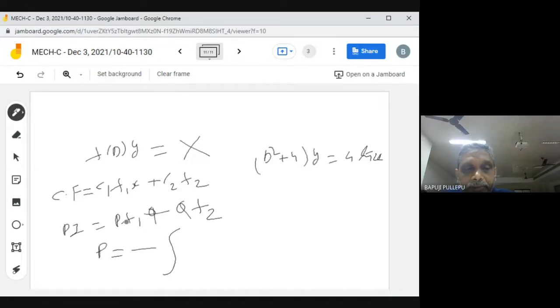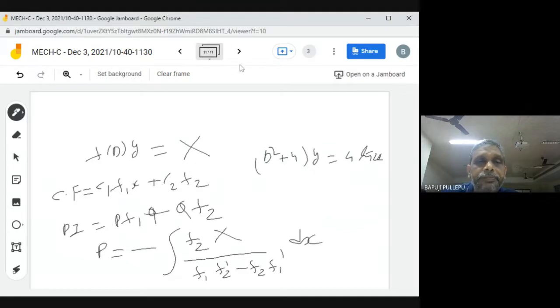Here f1 is not used, so write f2 into this capital X, where X is tan x, secant x, cosecant x, or e power x log x, divided by f1 f2 dash minus f2 f1 dash, into dx. Any problem? Then find P, come back and substitute it. Then the solution you can write y is equal to Q. What is the Q formula?